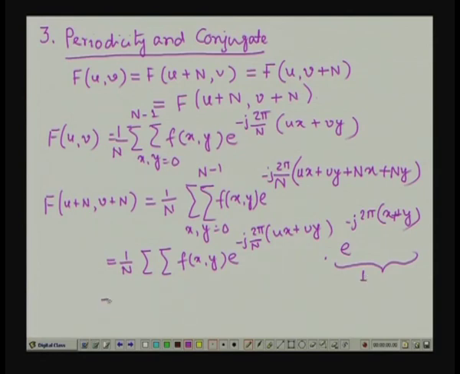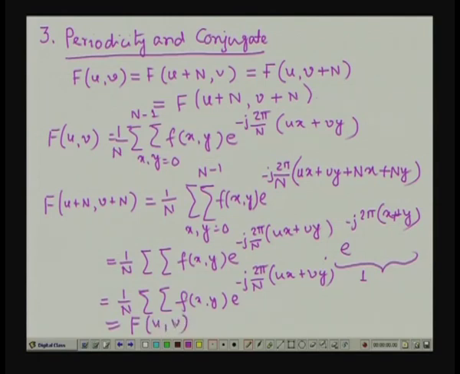So, finally, what we get is 1 upon capital N, double summation f(x,y) into e to the power minus j 2 pi upon capital N (ux + vy), and you find that this is exactly the expression of F(u,v).